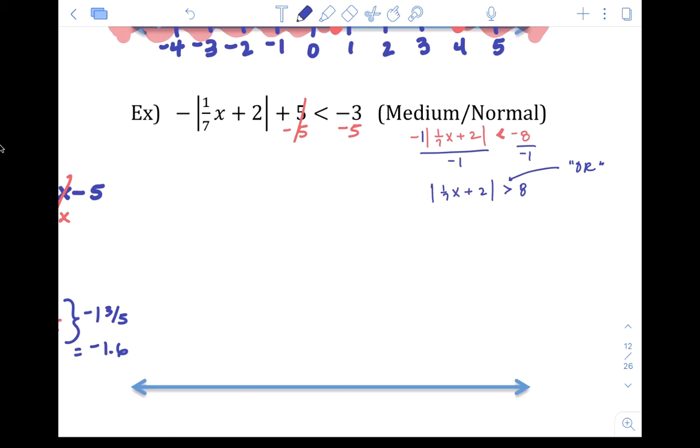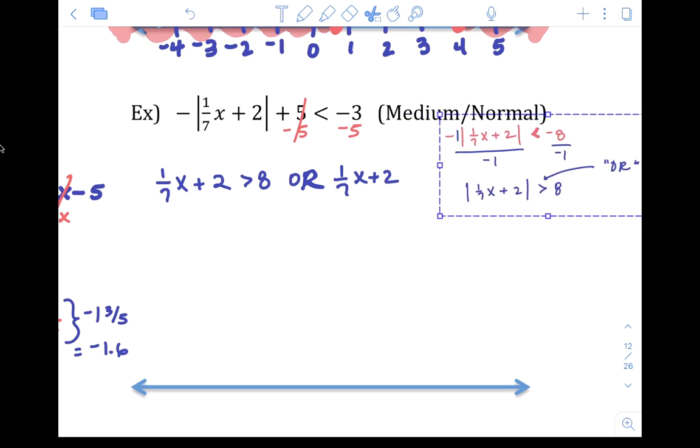We are taking 1/7 x plus 2 without the bars, and we are saying it is greater than 8, or 1/7 x plus 2 is less than -8, because I would multiply for that second equation when I write it twice. I multiply by a -1, which changes the symbol as well as the sign.